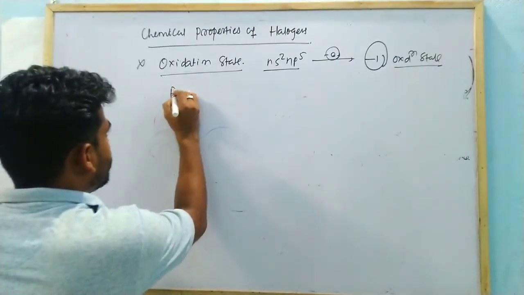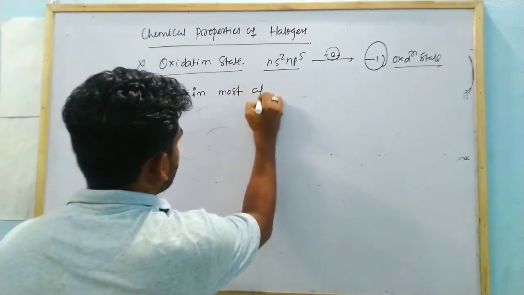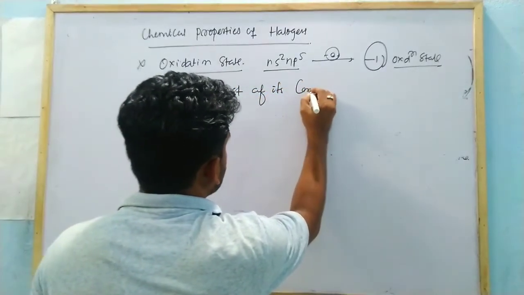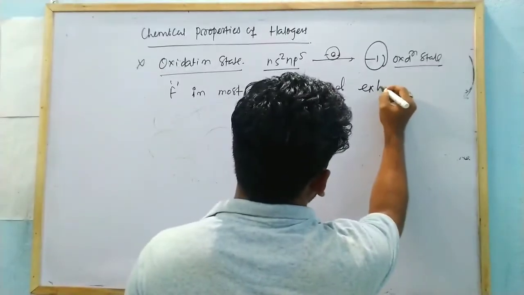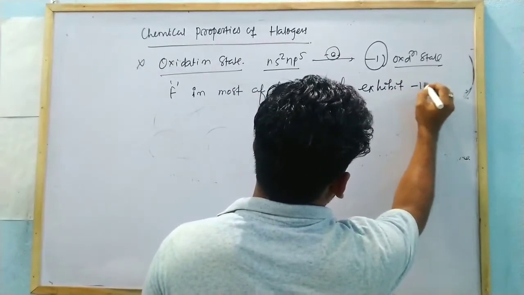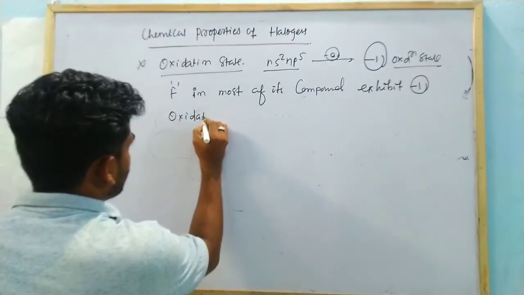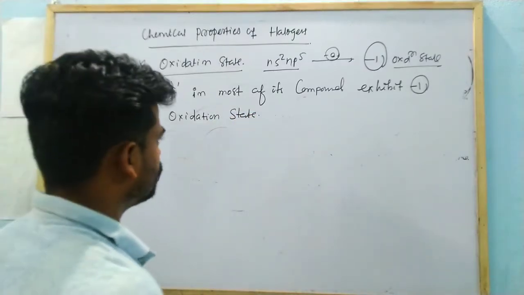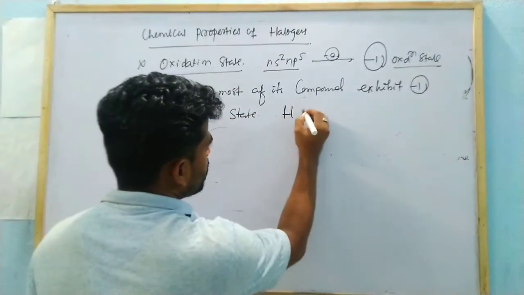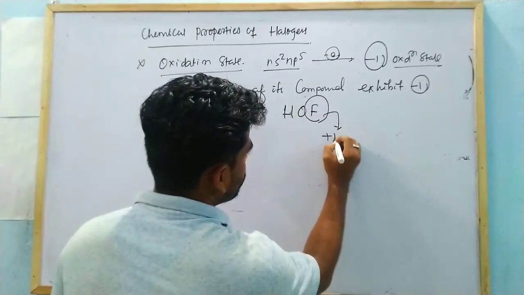Just remember, fluorine in most of its compounds exhibits -1 oxidation state. There is also a compound HOF, where the oxidation state of fluorine is taken to be +1.